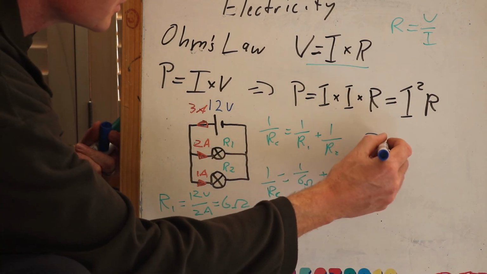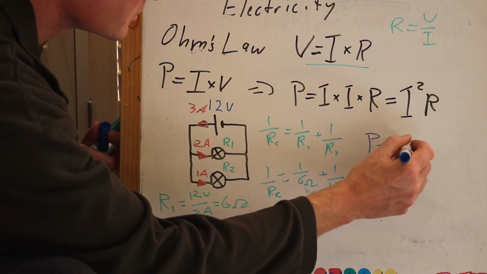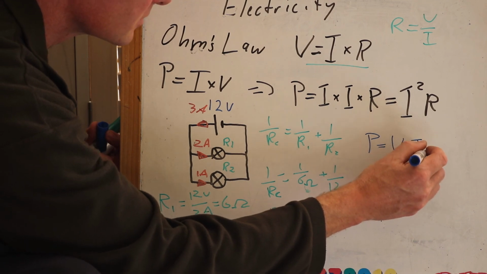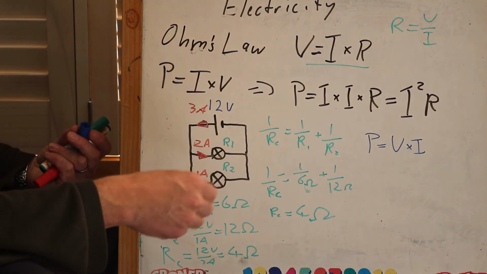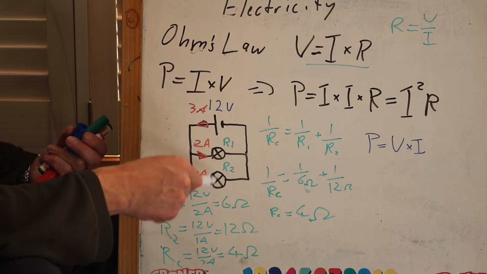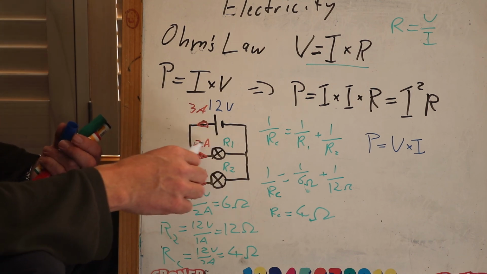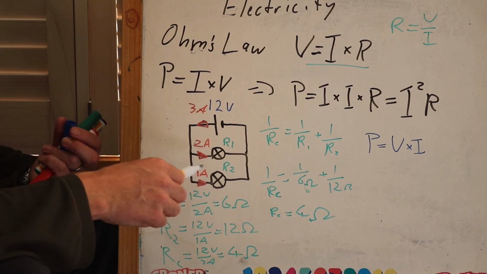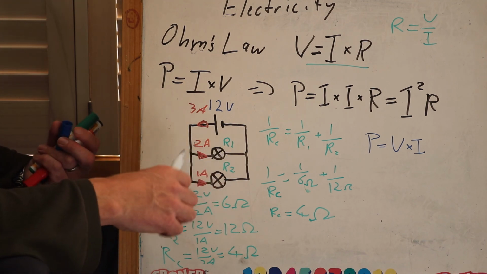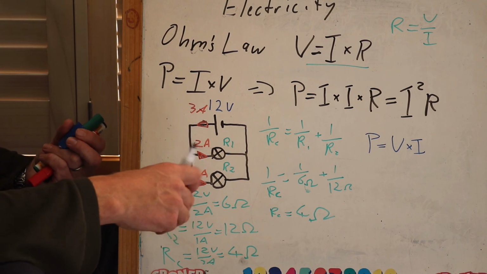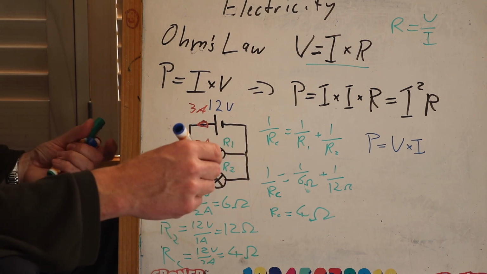Power equals voltage times current. The voltage for both of those light bulbs is 12 volts, but the current for R1 is twice as large. So this light bulb 1 has definitely got the larger power rating.